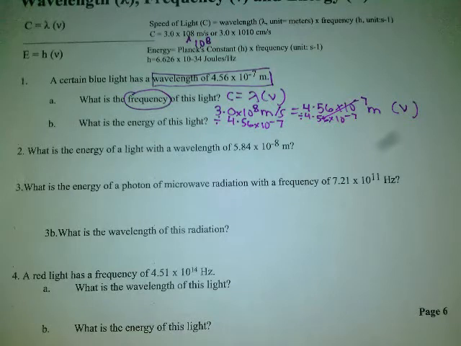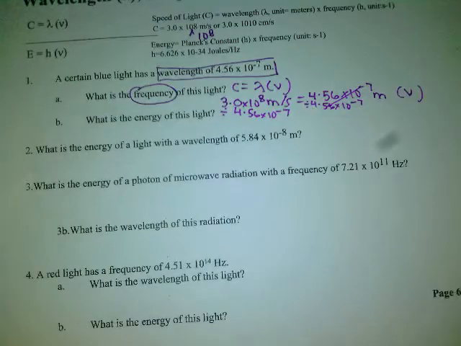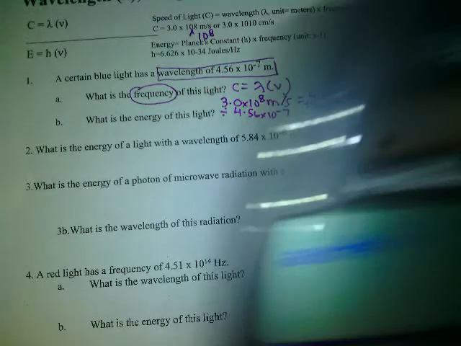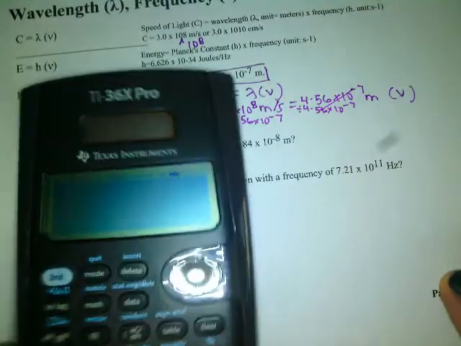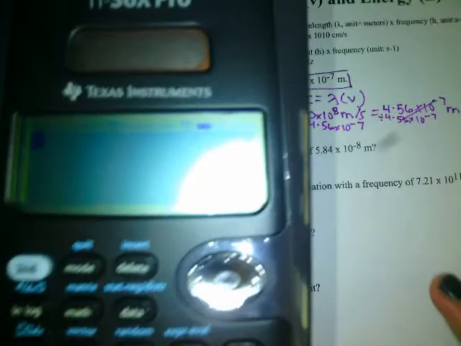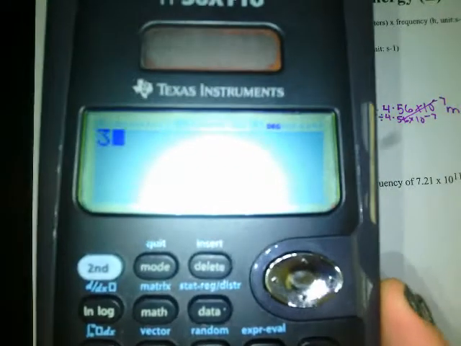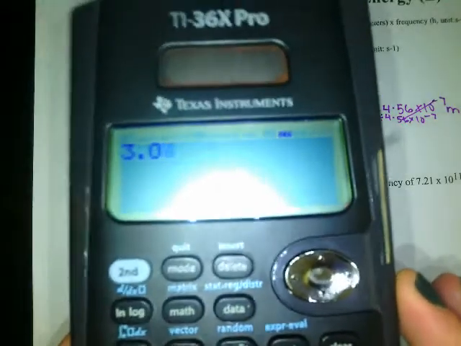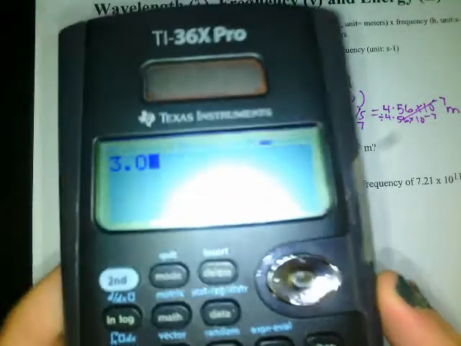Okay, so let's see, so I can see my numbers at the same time. 3.0. Remember, your calculator will probably have either a second EE or just an EE key. If you have that, it will save you from having to do times 10 with a caret.